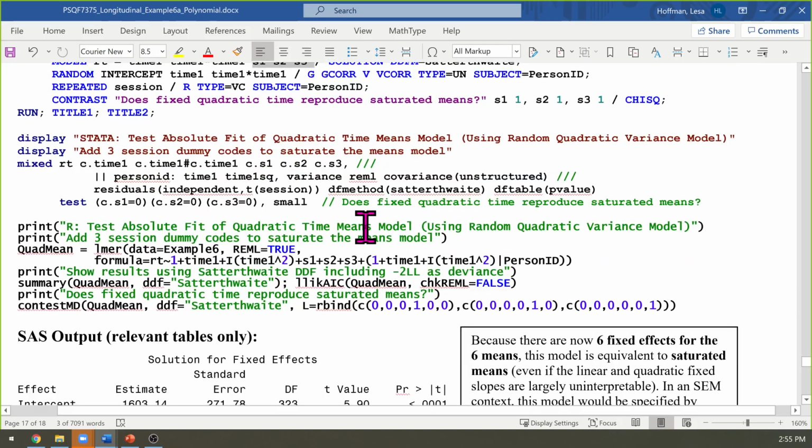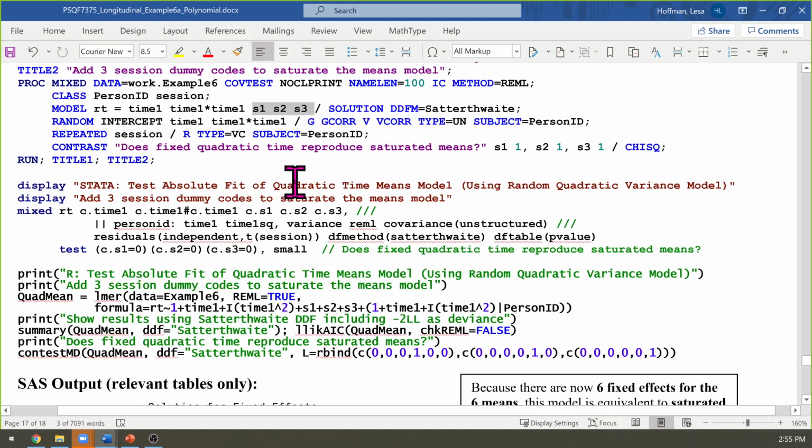The other piece of this is to lump them together. So, a contrast statement. You will have seen this before if you had 6242 with me, or if you had generalized models. The test statement in Stata does the same thing, and so does contrast in MD.